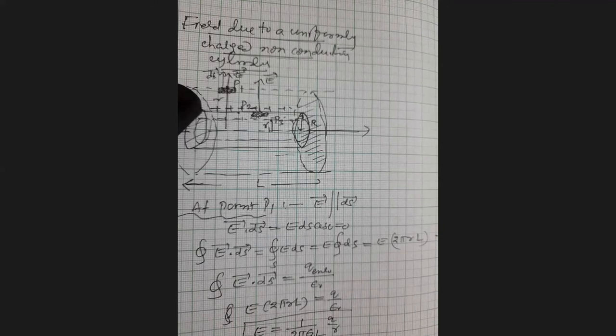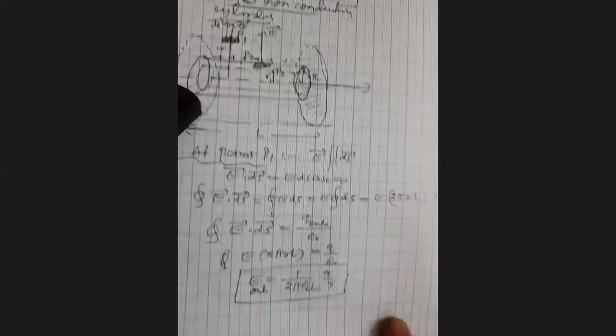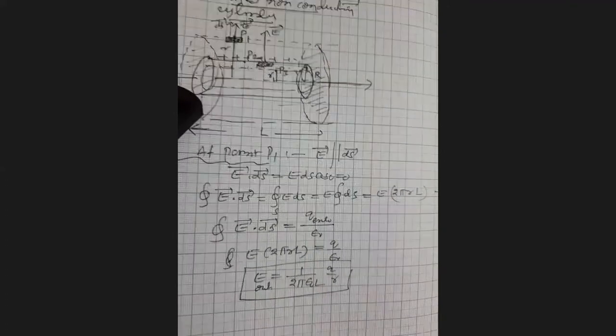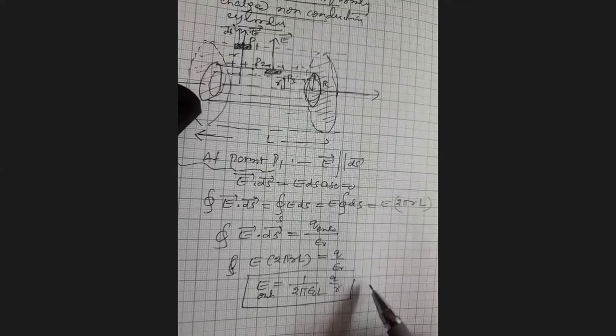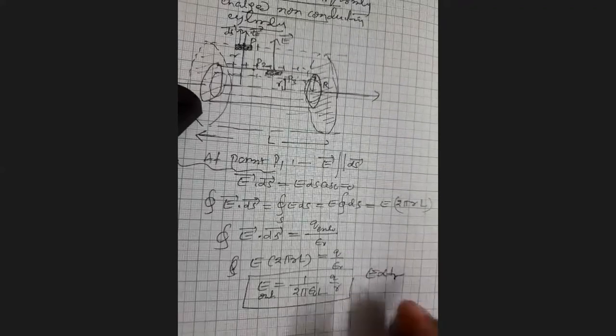This represents the field strength at the outside point of the cylinder. Here it is very clear that E is inversely proportional to r.